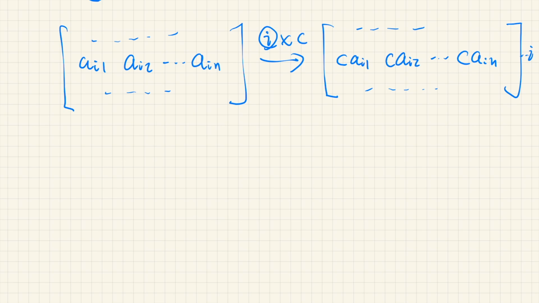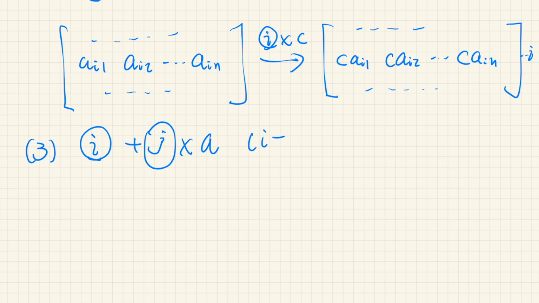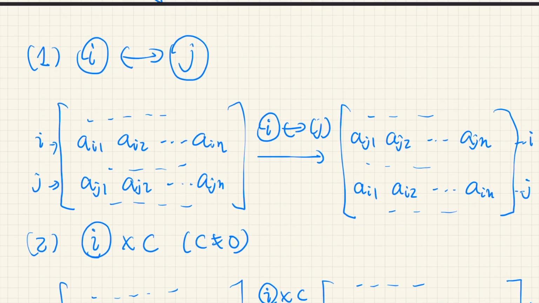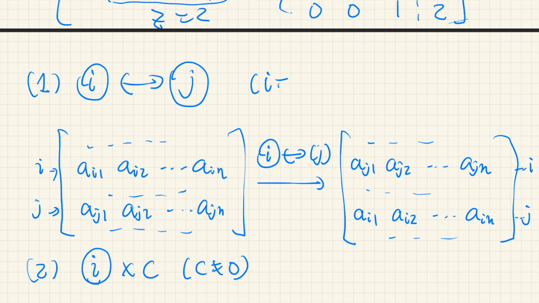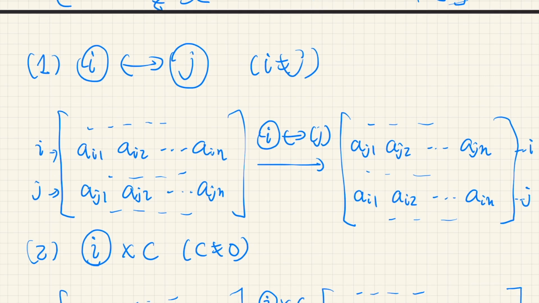And the last operation, the third one, is adding to the ith row a constant multiple of the jth row. And i should not be equal to j. By the way, in this case, i should not be equal to j, because otherwise it doesn't change anything.